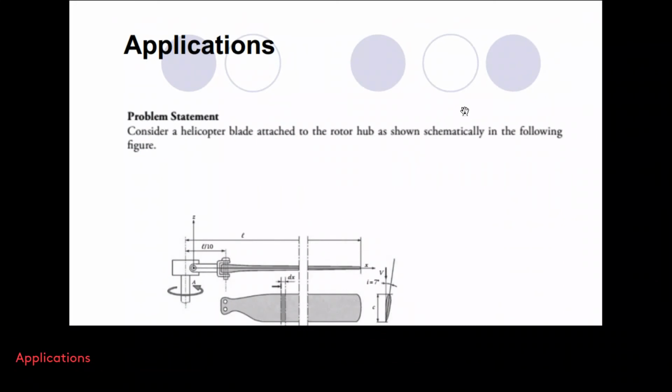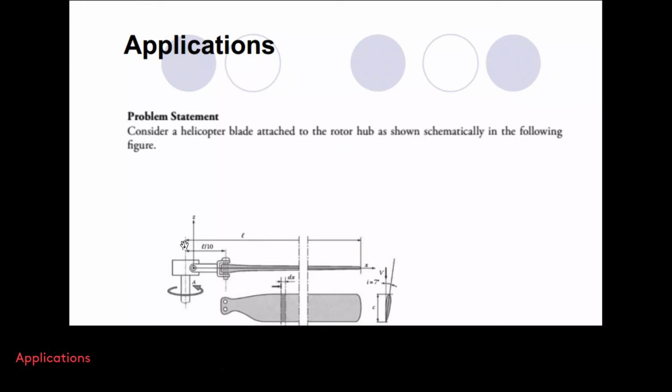Okay, our next problem is about helicopter blade. So let's read the problem first. Consider a helicopter blade attached to the rotor hub. So this is the hub, as shown schematically in the following figure. So we have a rotor hub, helicopter blade. It is turning in counterclockwise direction if you look at from the top.